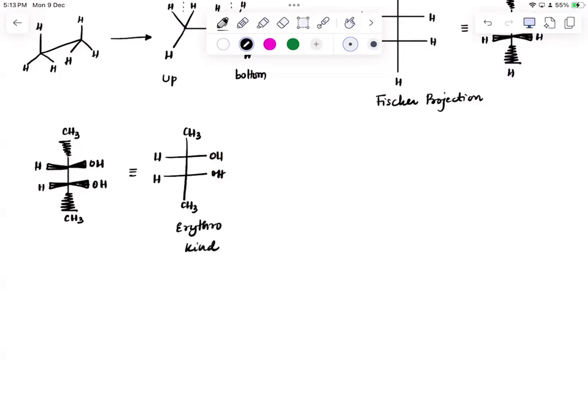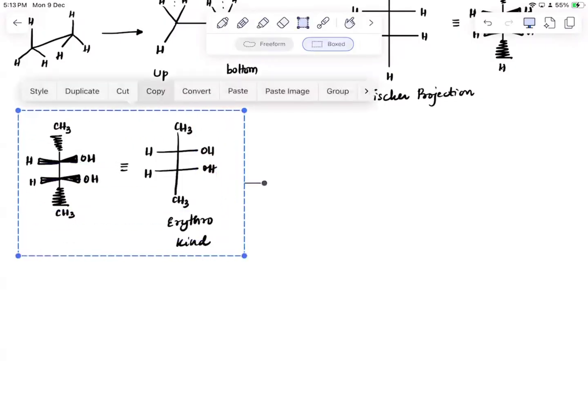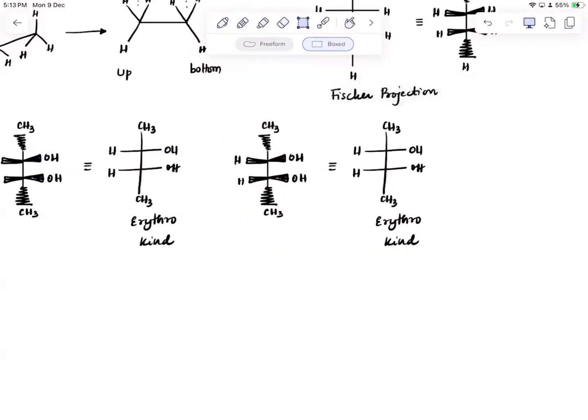This is called erythro. Similarly, if I take a Fischer projection here and keep this OH on the left-hand side here, one OH on the left-hand side here.